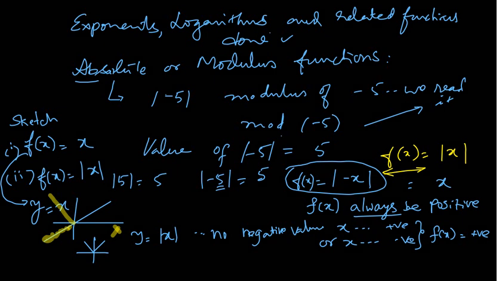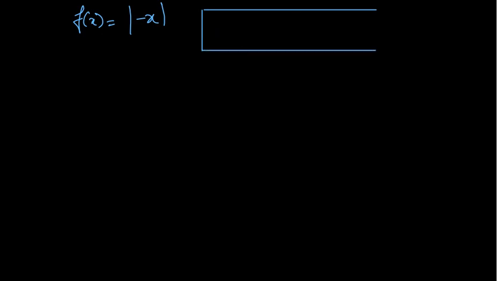Then you may ask, how about if I have mod negative x? Whatever the x value, this all boils down to making a table. For example, I have f of x equal to negative mod x. Now I have to make a table, just like the way we plot graphs.